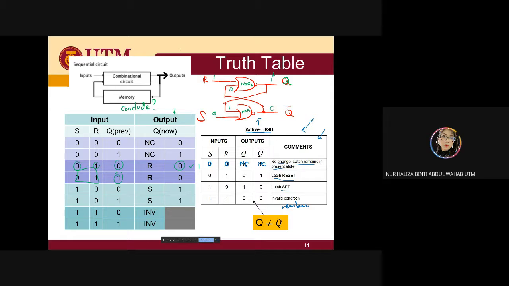It becomes 0. Here will be 0. And then 1 and 0, we will get... correct or not? 1 and 0, we will get 1, 0. Supposedly it will be 0 here. And this part, how come it gets 0?